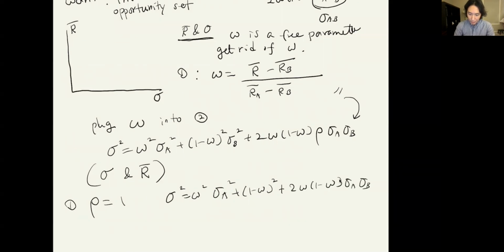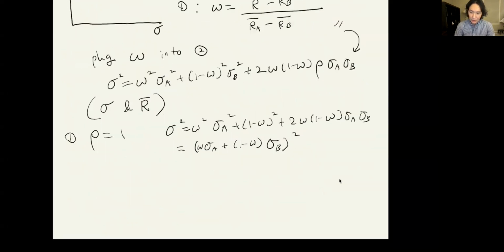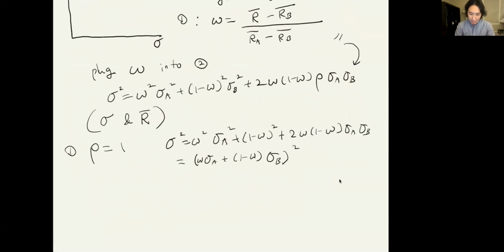When correlation is 1, you get W times sigma A plus 1 minus W times sigma B, squared. So that sigma is the absolute value of W sigma A plus 1 minus W sigma B.